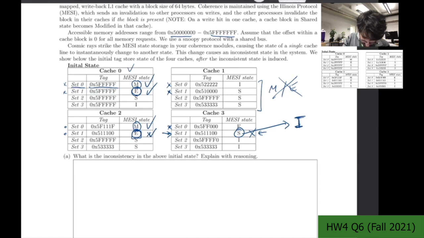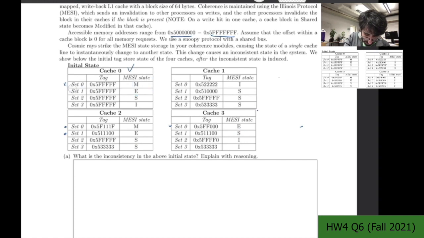Or let's clean this up a little bit. So this could be invalid state, or this could be in shared state. So we have two lines in shared state. So okay, we detect our error here.